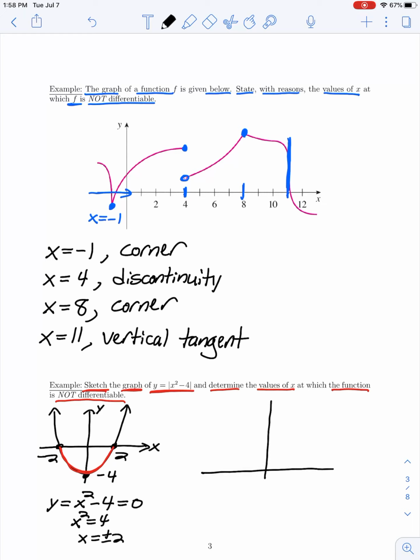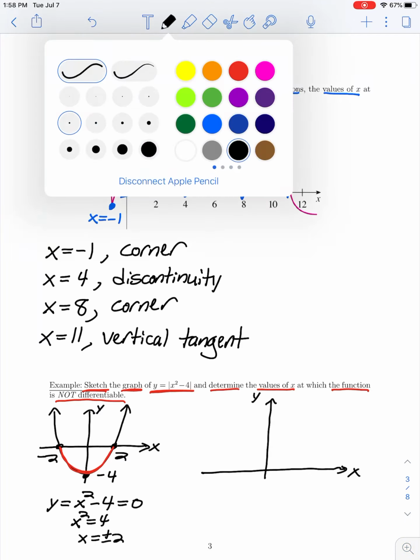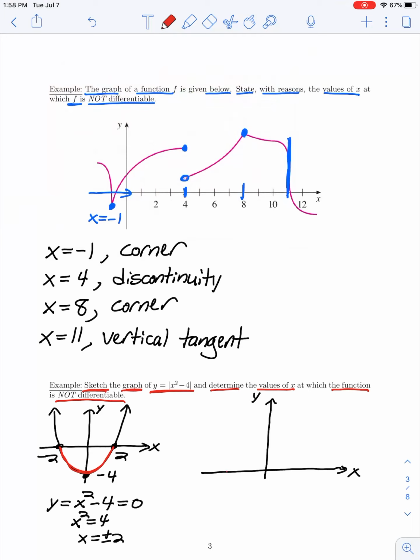So here, the part of my graph which lies below the x-axis, when I take the absolute value, is reflected above the x-axis, and any part of my graph which was already above the x-axis will remain above the x-axis. It looks exactly the same.